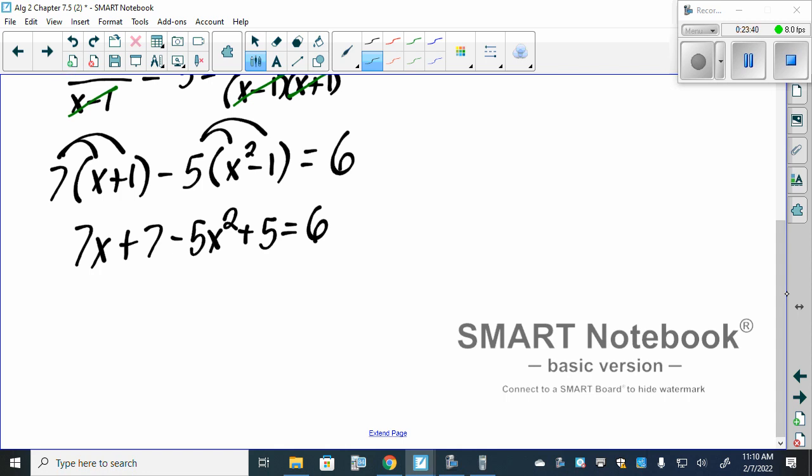Now at this point, we do need to combine our like terms. The negative 5x squared does not have any like terms, nor does the 7x. But our 7 and 5 are like terms, which gives us plus 12.